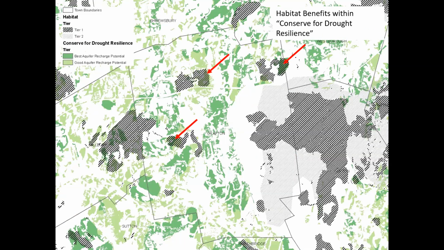And then I've mocked up what Julie was showing you with the online tool. I've overlaid here the habitat layers in this hatching. So by combining these layers, I pointed out in these red arrows places where you would get a drought benefit as well as a habitat co-benefit by conserving lands in those areas.